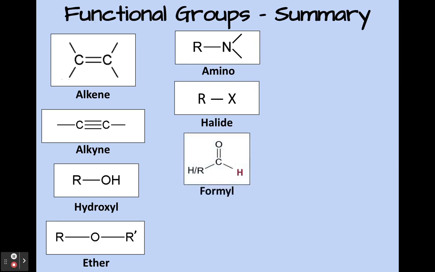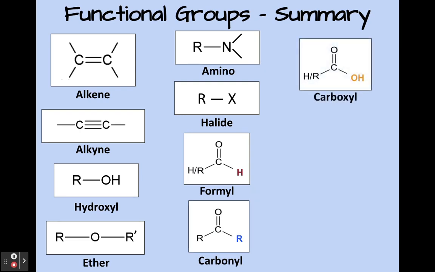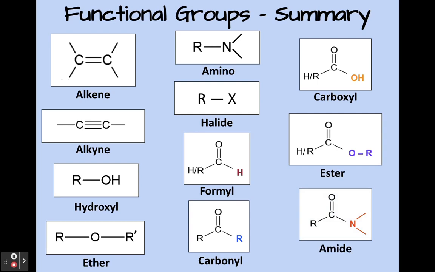The formyl group, which is in the aldehydes. The carbonyl group, found in ketones. The carboxyl group, which is found in the carboxylic acids. The ester, which is found in esters, and finally the amide, which is found in the amide molecules.